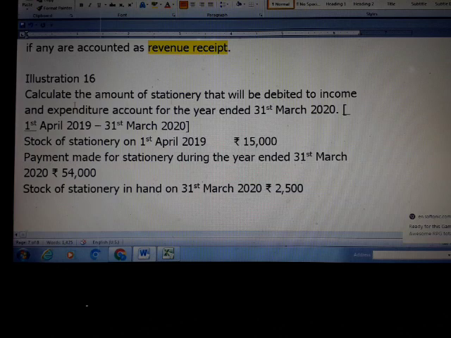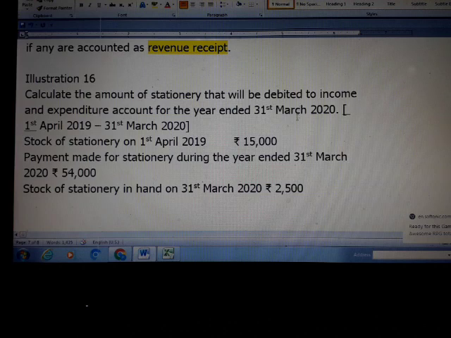Calculate the amount of stationery that will be debited to income and expenditure account for the year ended 31st of March 2020. They have said very clearly that the amount needs to be debited. Which means we have to prepare a stationery account, that is nothing but a separate stock account, and from that we need to derive the value which we will show on the debit side of our income and expenditure account.